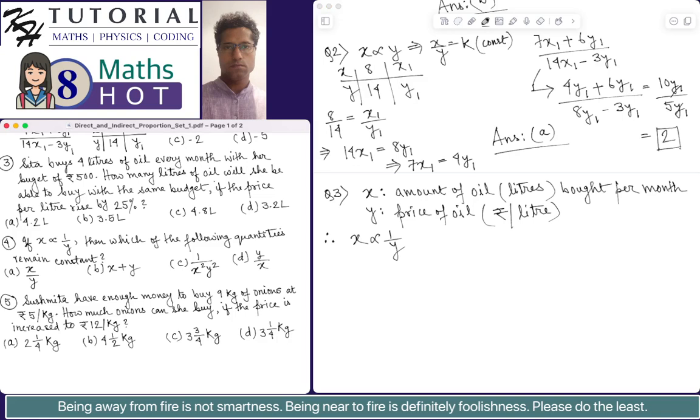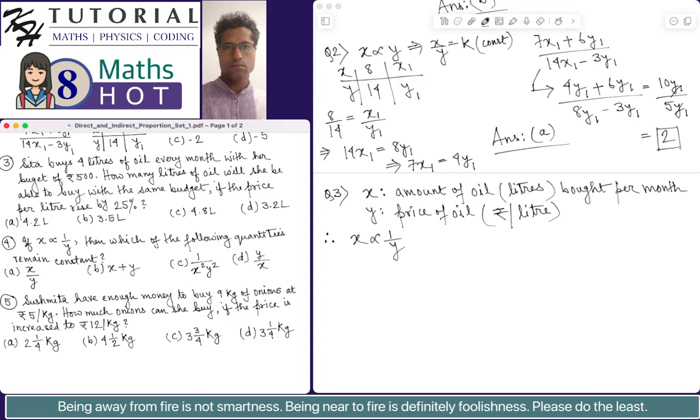It says that Sita buys 4 liters of oil every month with her budget of rupees 500. How many liters of oil will she be able to buy with the same budget if the price per liter rises by 25%?